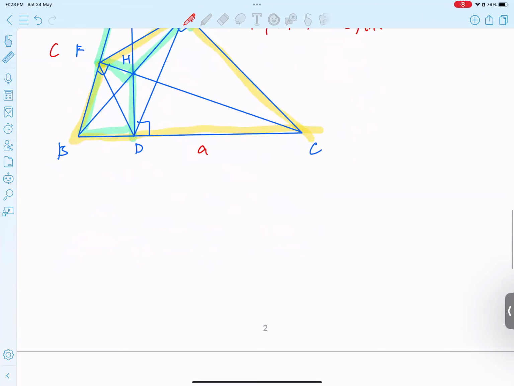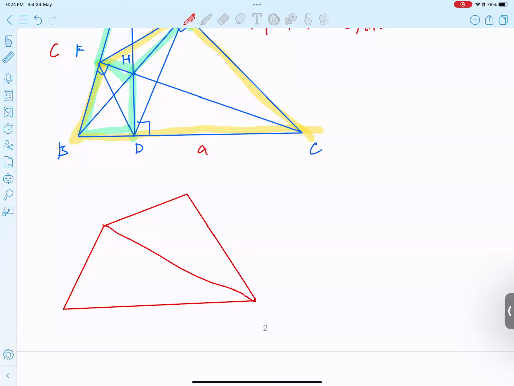So if we have any cyclic quadrilaterals, in any cyclic quadrilateral, these two triangles will be similar. So they're the ones which are vertically opposite.